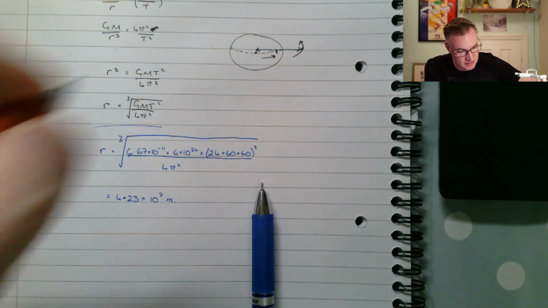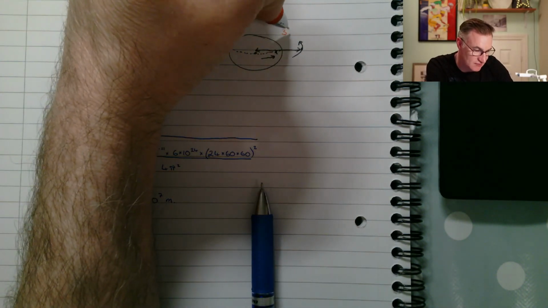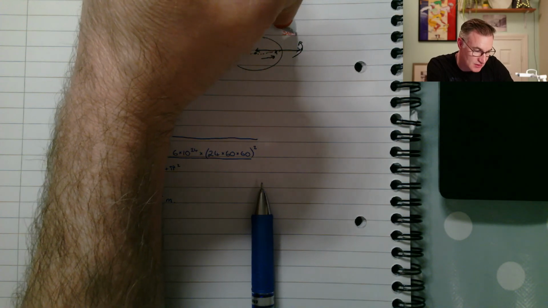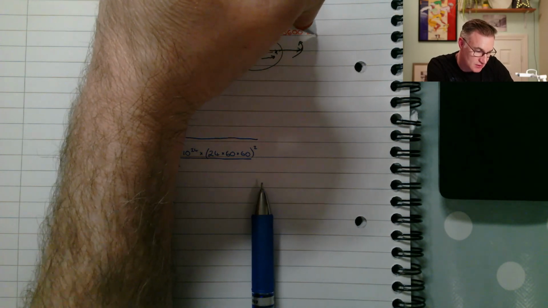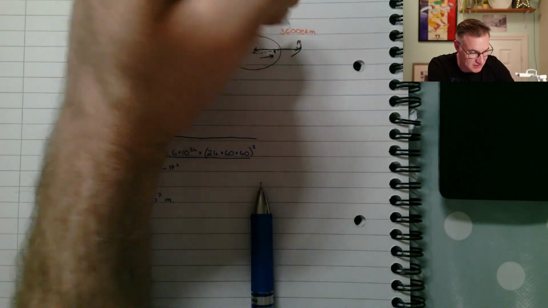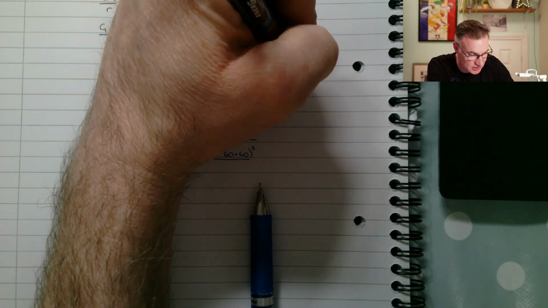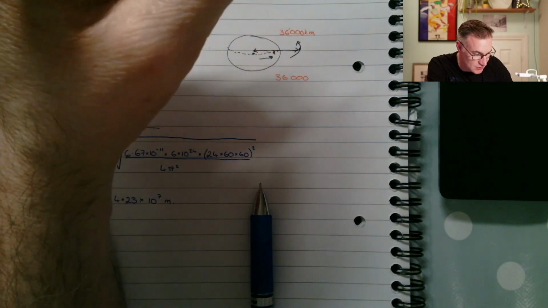At National 5 we were told that a geostationary satellite must have an altitude of 36,000 kilometers. Now, if we look at 36,000 kilometers, we're really talking about 36,000,000 meters, or 3.6 times 10 to the power of 7 meters.